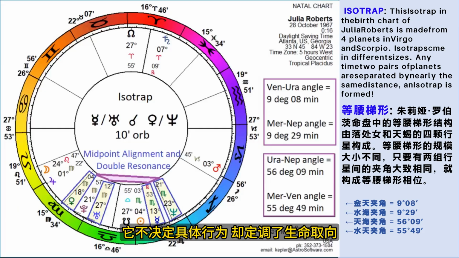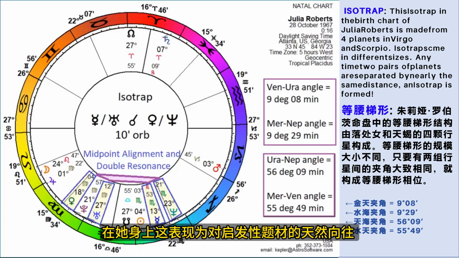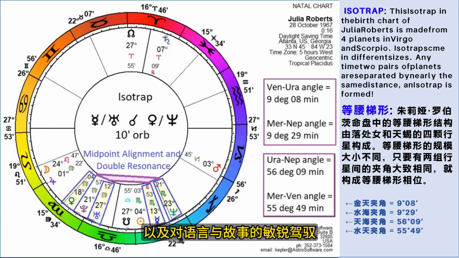It gives a general orientation to life. So here we get a general orientation of being inclined to things that are inspirational and sensitive use of understanding of language and stories and things like that.